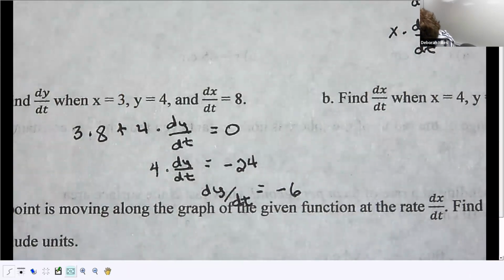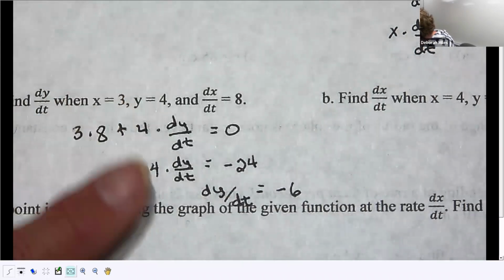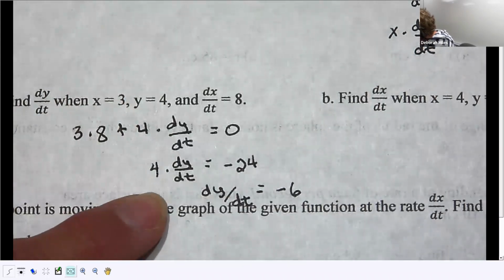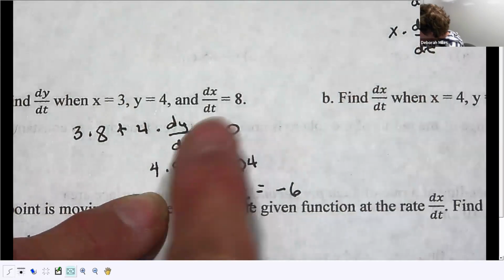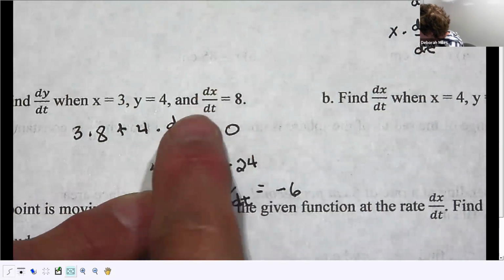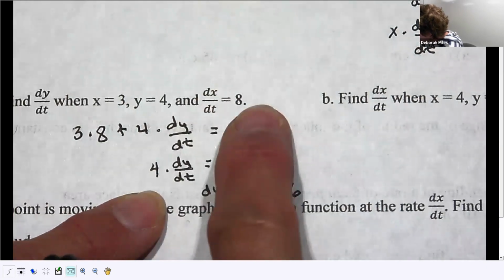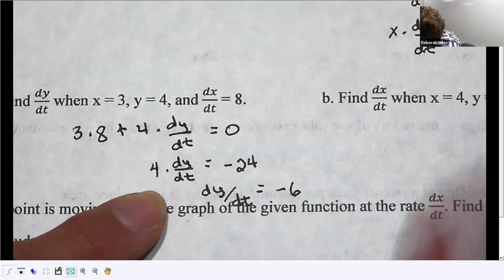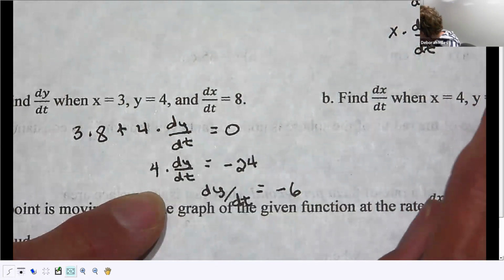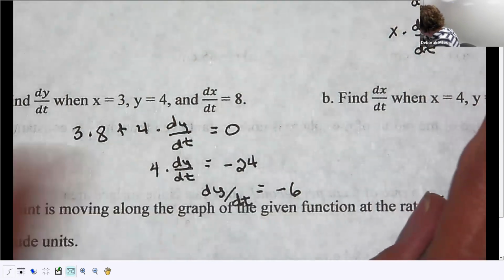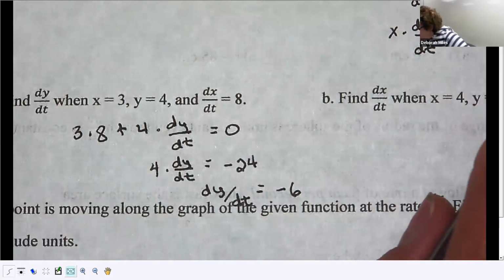If this marble is moving around that circle in such a way that the change in x is positive, it's moving to the right. So the marble is going this way and x is getting bigger. 8, we don't know the units here.